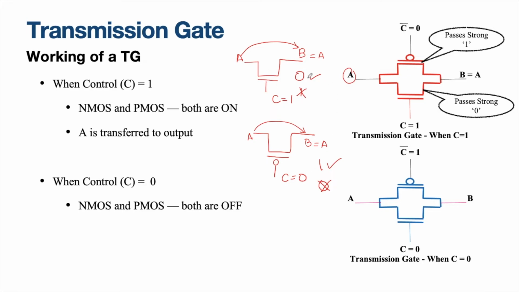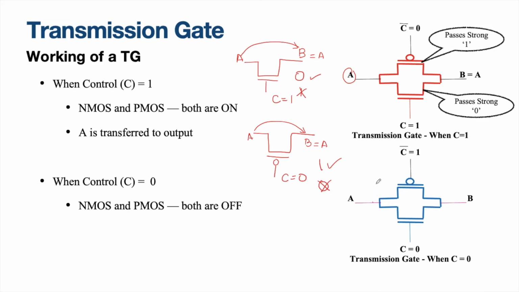Both the transistors being separate, there were disadvantages, so we started to club them together. We have a PMOS as well as an NMOS. PMOS passes strong 1, NMOS passes strong 0. When we club these two advantages together, what happens? There will be no degradation of signal at the output.